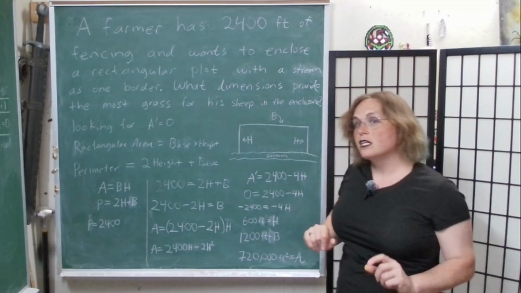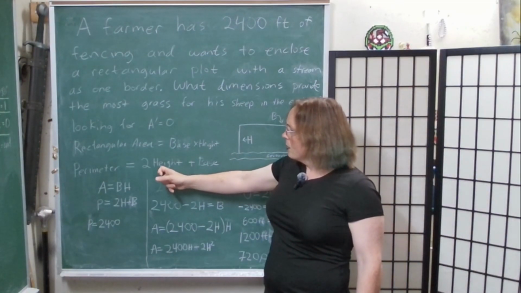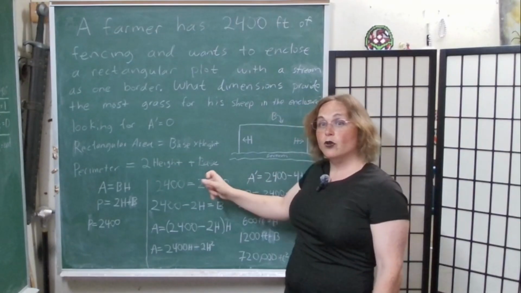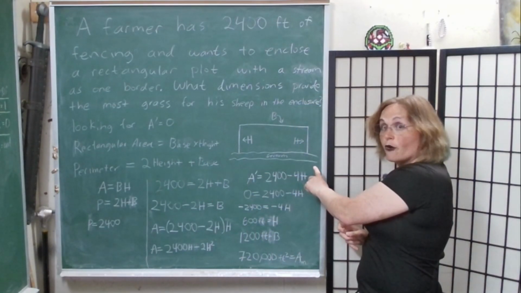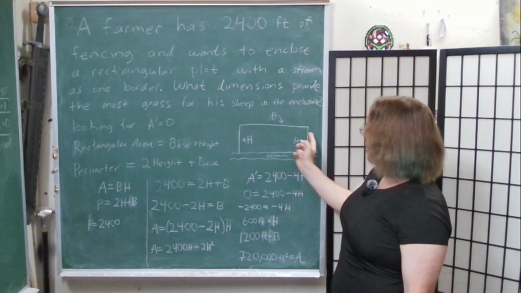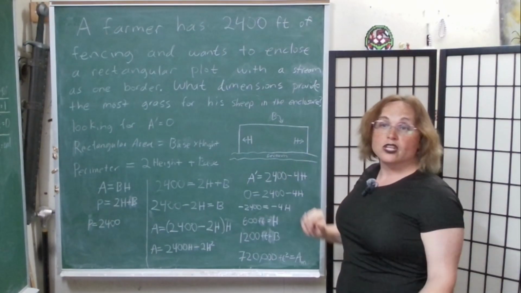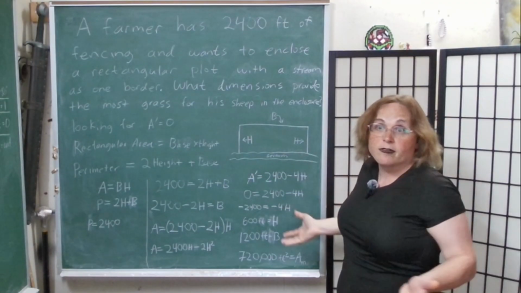And specifically for the perimeter, and this was important, we knew that it was going to be 2 for the height, but only 1 for the base, based on the diagram we drew. Because we were going to be calling this side the height and this side the base. And you easily could have changed up your diagram and called this the base and this the height, and that would have been fine.